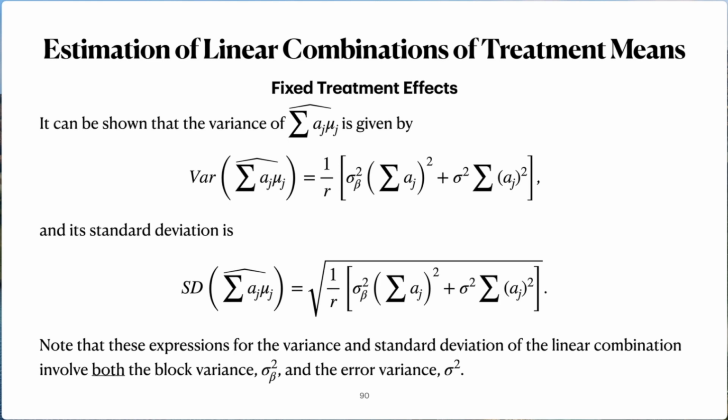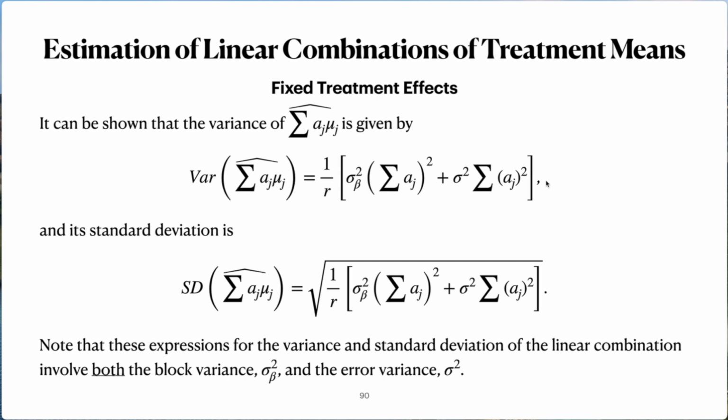And so it can be shown that the variance of this point estimator of the linear combination is given by this expression, so 1 over the number of blocks, r, times this sum, which involves the variance of the block component, times the square of the sum of the a sub j's, and then to that we add the product of the error variance times the sum of the squared a sub j's.